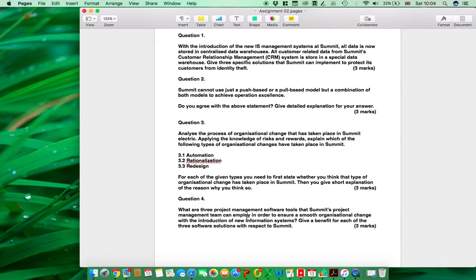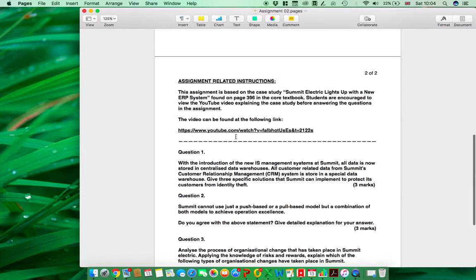If you look in the slides and in the chapter, you'll find all the answers. Now, I don't mind you giving me a project management tool from the internet, as long as you explain to me what that tool does and how Summit can benefit from that tool. So I hope this has answered all your questions.